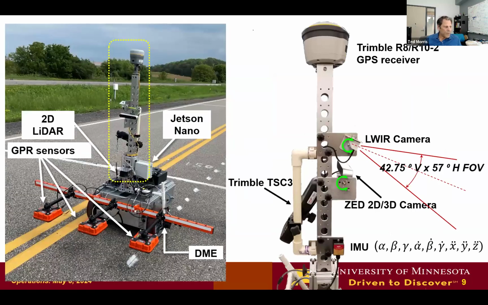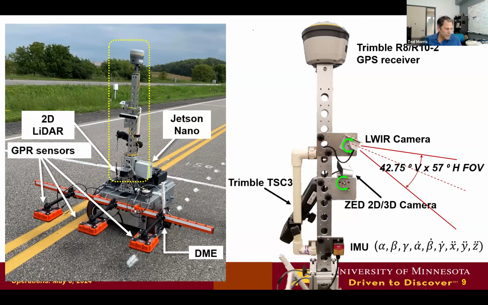So the payload, the different kinds of sensors we put on, of course, there's the GPR sensors from the PAVE scan and the rest of the payload that controls all the radars. There's a Trimble GPS receiver that does differential correction, which the MnDOT crew also uses as part of input to their PAVE scan system for getting precise locations.